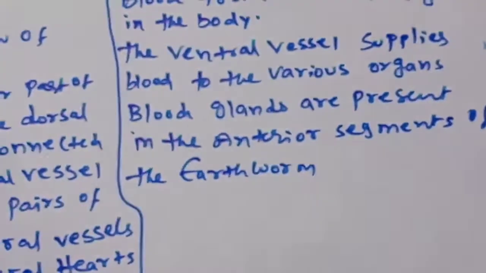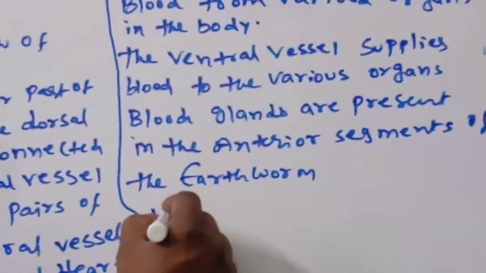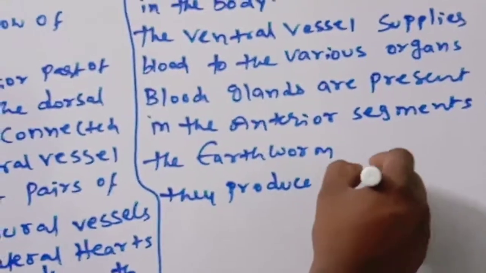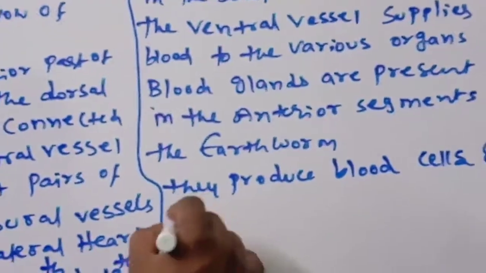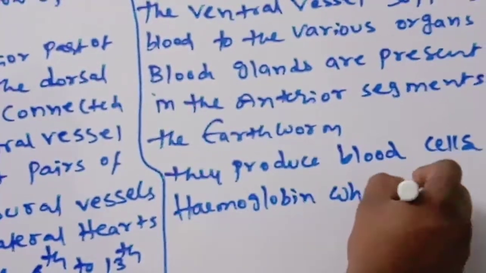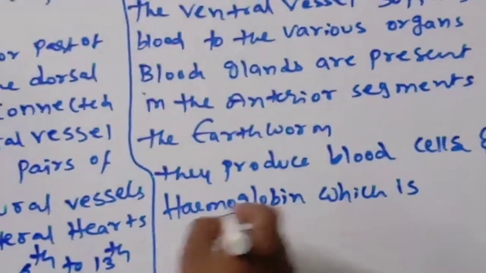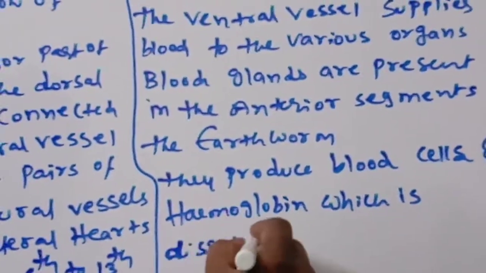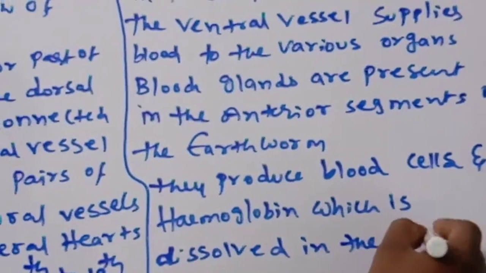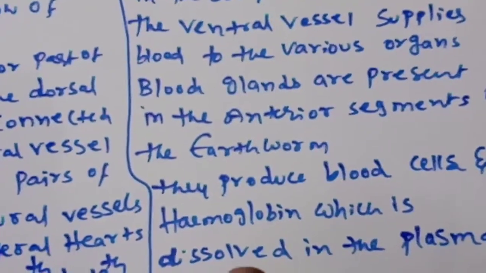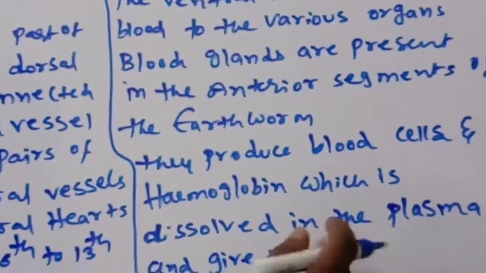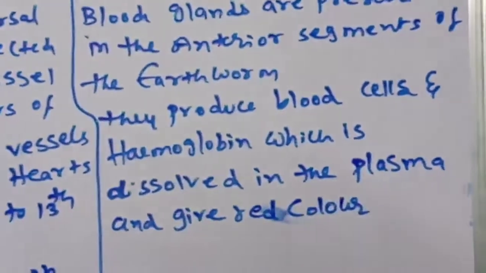The most important point to remember is they produce blood cells and hemoglobin, which is dissolved in the plasma and gives the red color to the blood.